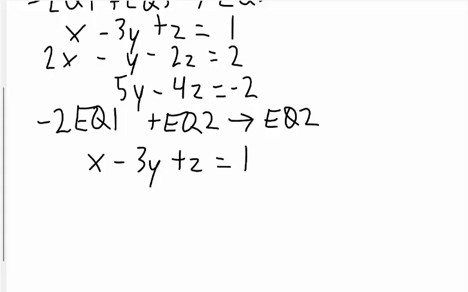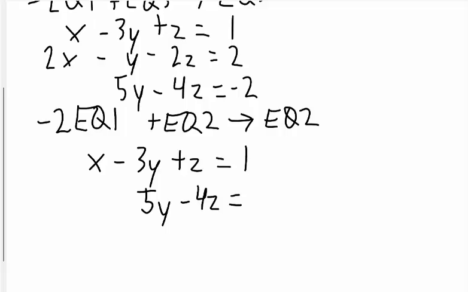So the x's cancel. Negative 2 times negative 3 is positive 6. 6 minus y is 5y. Negative 2 times a positive z is negative 2z. Negative 2z and negative 2z is negative 4z. Equals negative 1 times negative 2, or 1 times negative 2, is negative 2.